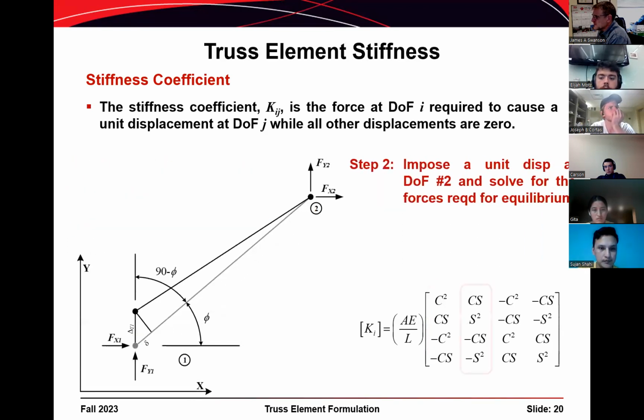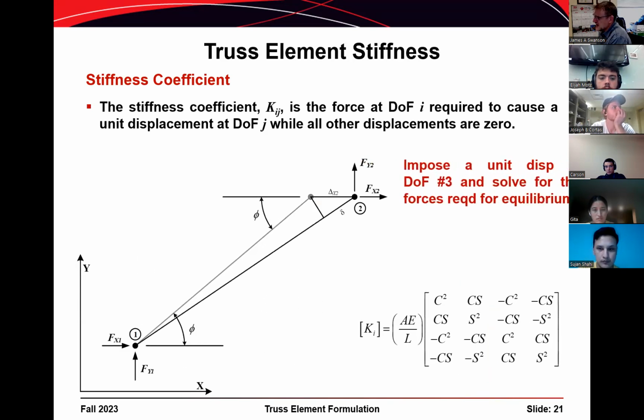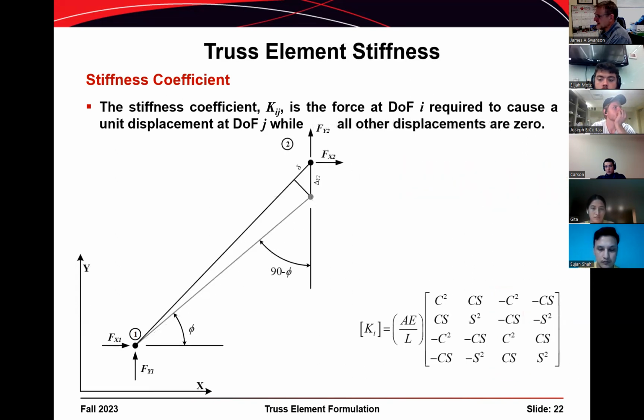And for a truss element, that is not problematic at all. The only deformation that we have is an axial elongation or an axial shortening. The only force that we have in the member is an axial force. So working directly in the global coordinate system isn't much of a hindrance at all.